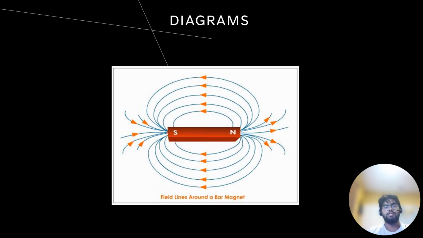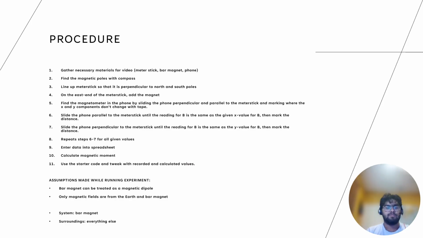Okay, so here you can see the diagram for a magnetic field on a bar magnet, and this is essentially what we're looking to get out of our computational model. In terms of the procedure, we started off by just getting the necessary materials. Then we had to compensate for the Earth's magnetic north pole.